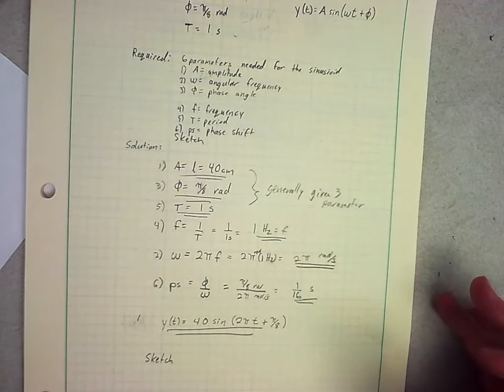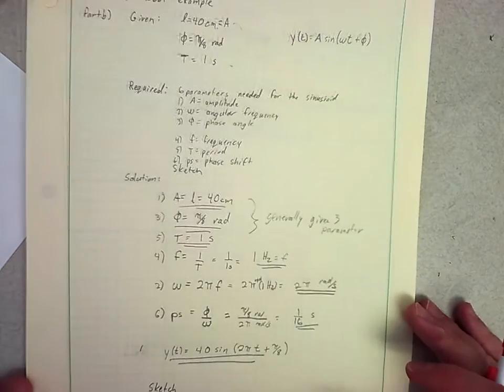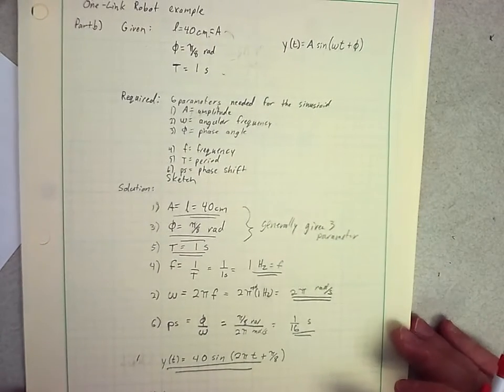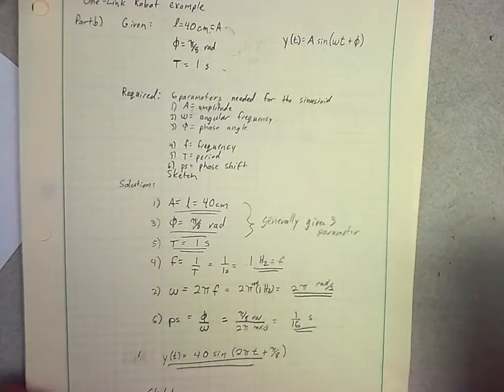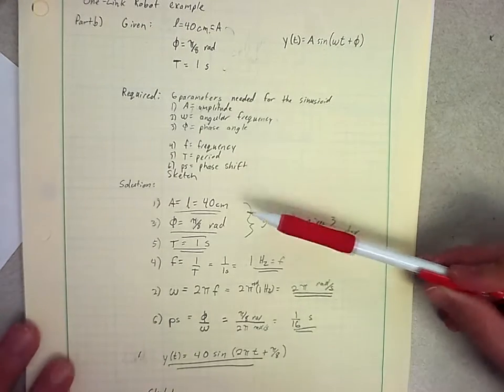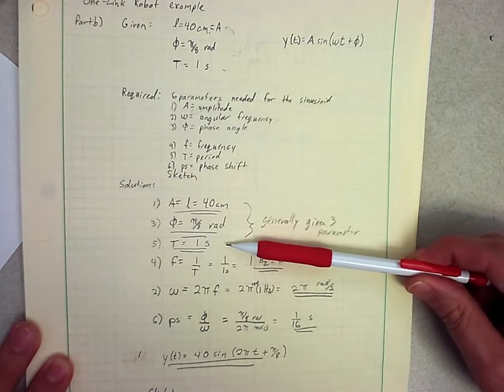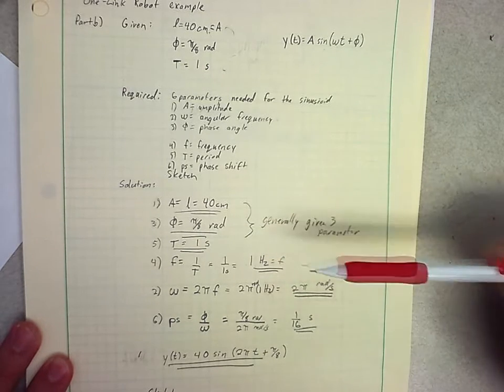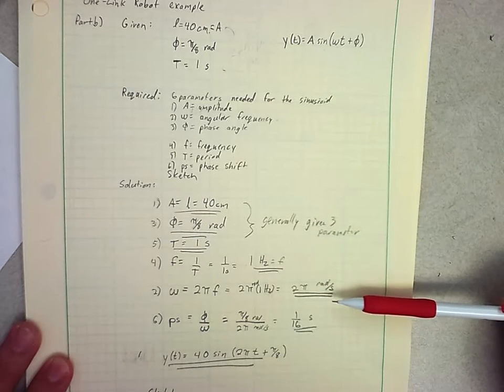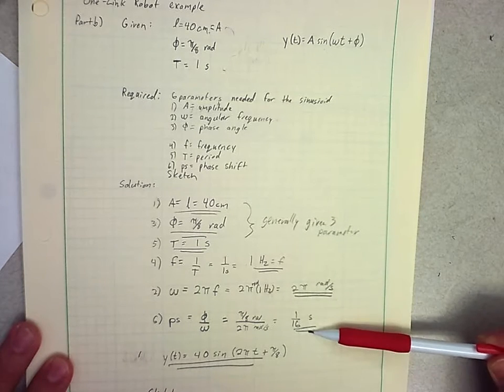Okay, so if you watched the previous video, we were working with the one-link planar robot example, and we were given some of the parameters, and we worked out the rest. We were given the amplitude, the phase angle, and the period, and we used that to find the frequency, the angular frequency, and the phase shift.